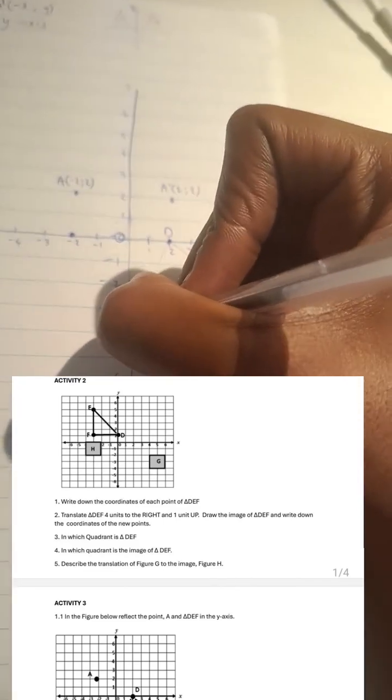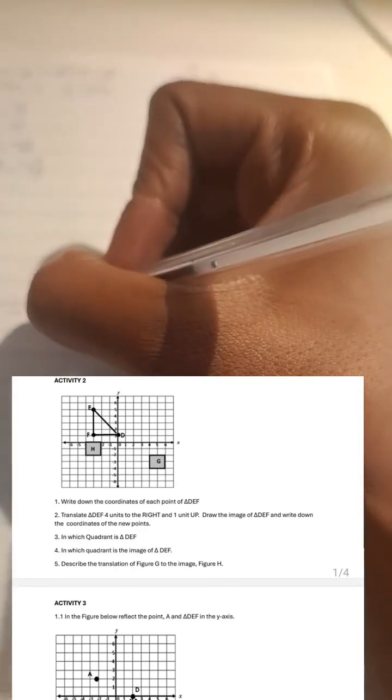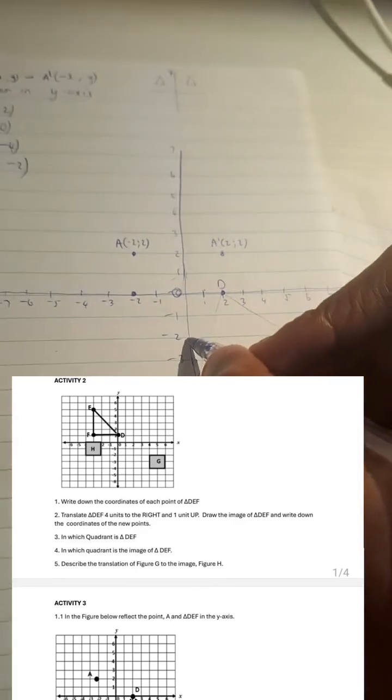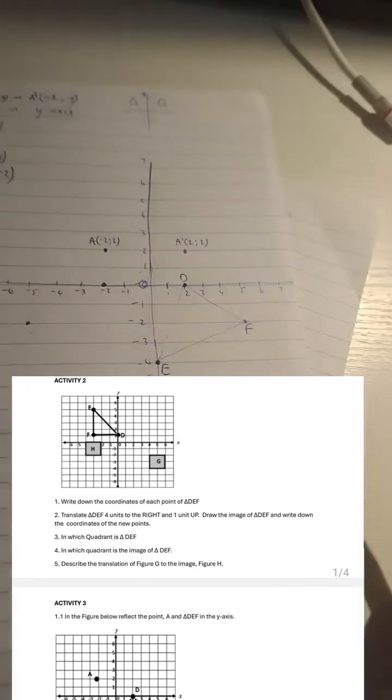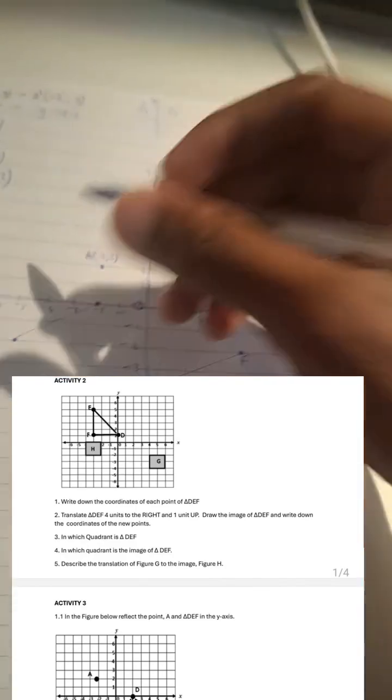We are still at the same point. Then lastly, negative 5 and negative 2, where x is negative 5, we are here. Then y is negative 2, we are there. Where are we meeting? We are meeting here. Then we basically connect these points. That is our triangle. All right.